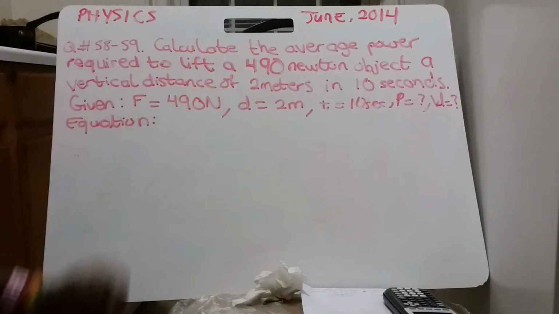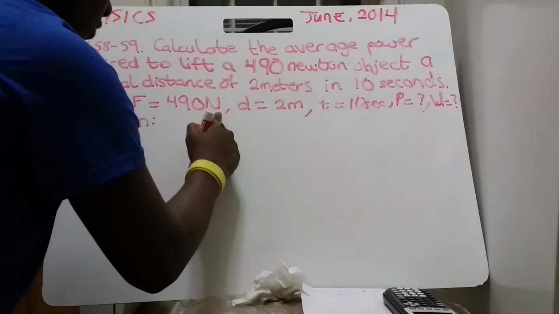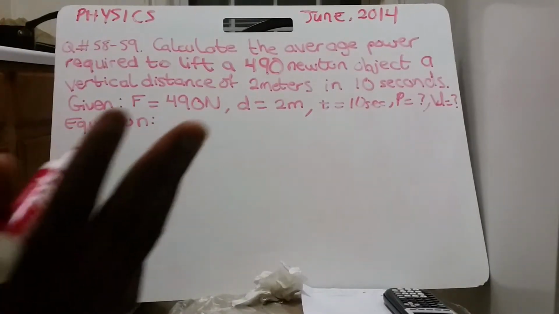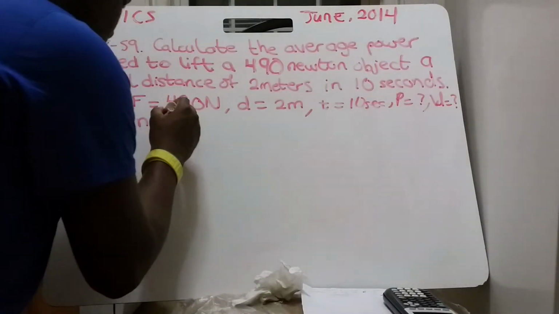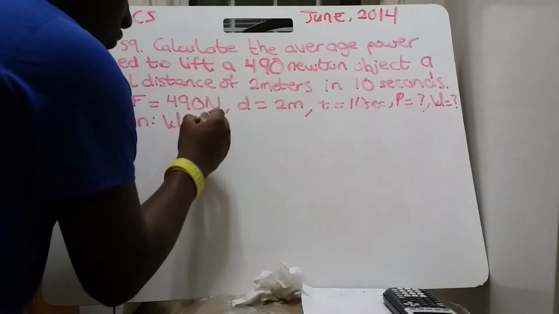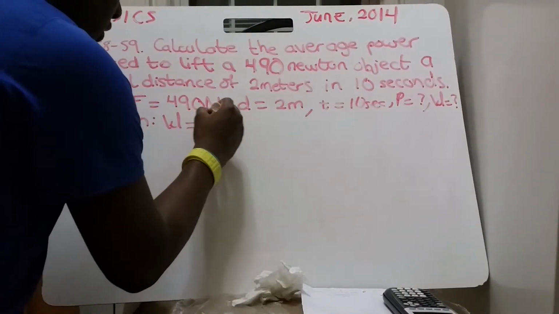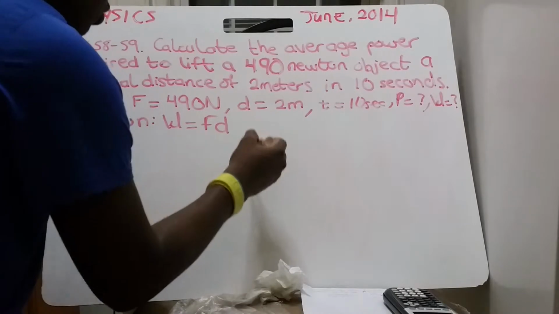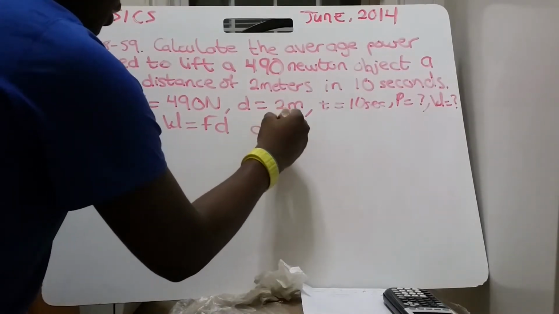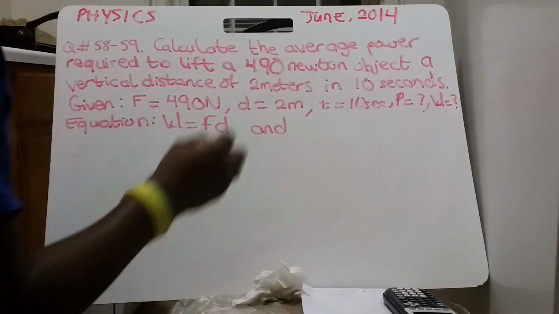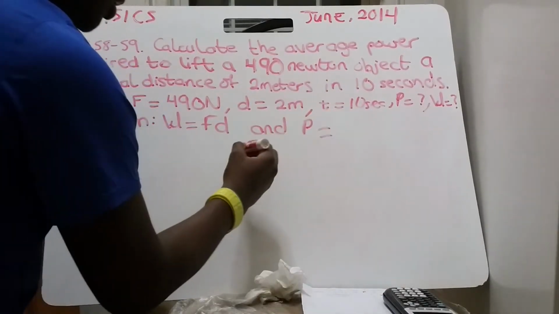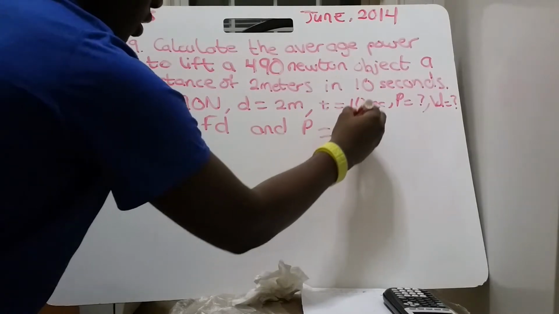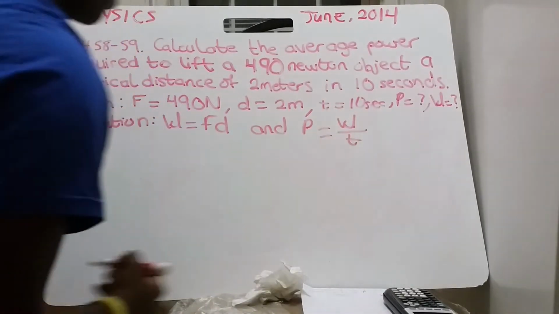For this question we're going to have to use two totally different equations, which are the work and the power equations. Work equals force times distance, and power equals work over time.